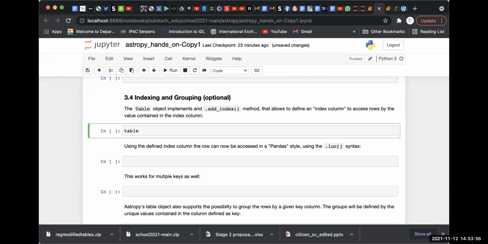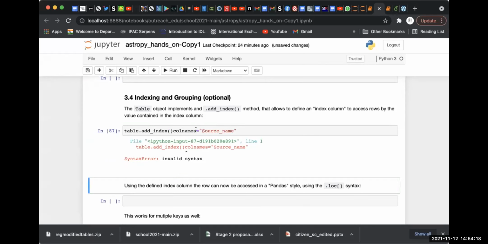So for example, I can say table add index, and I can specifically add an index for the column names. We've already done this for source names. I'm sorry, I think this has to come as name.